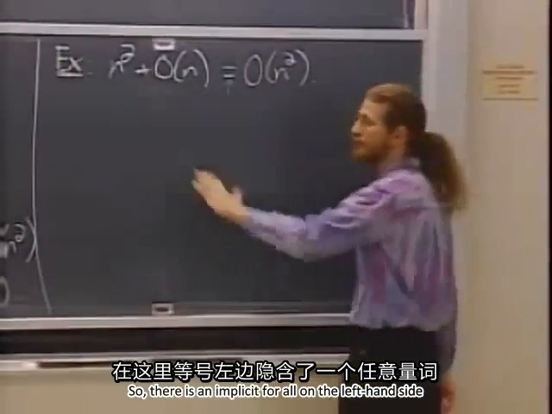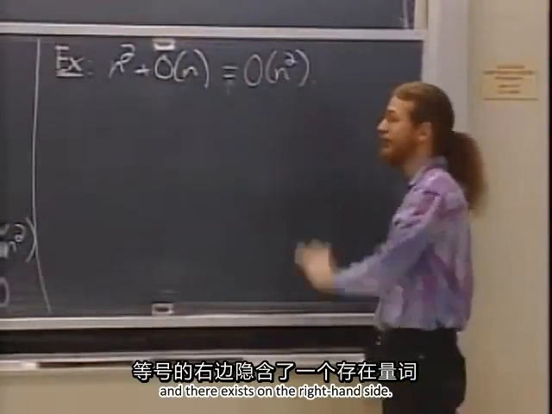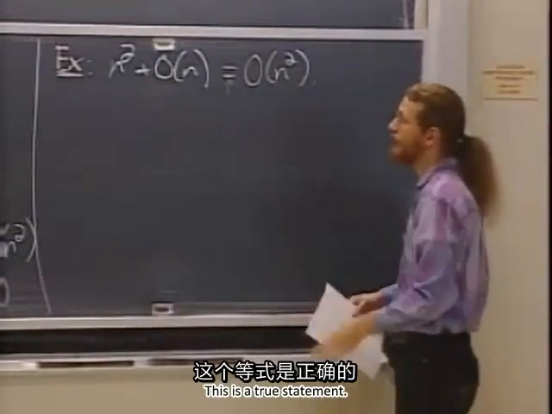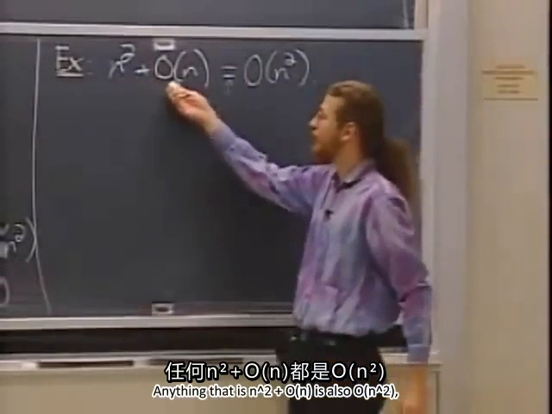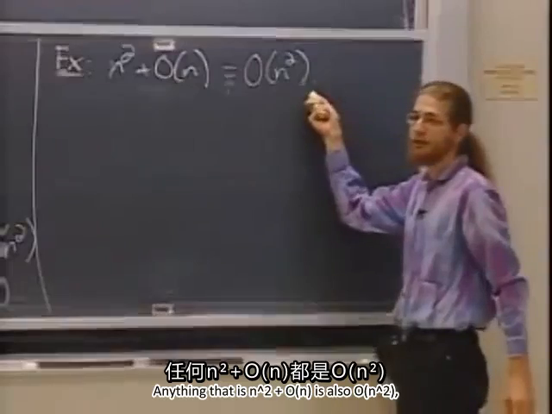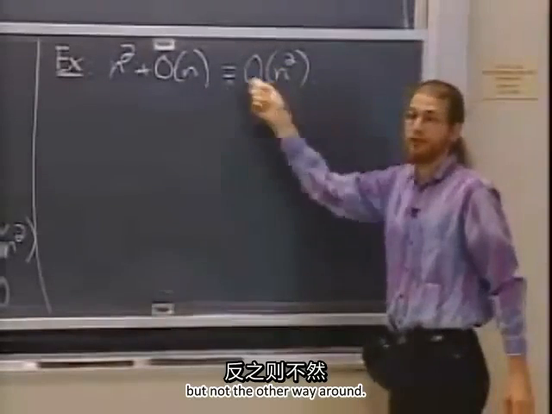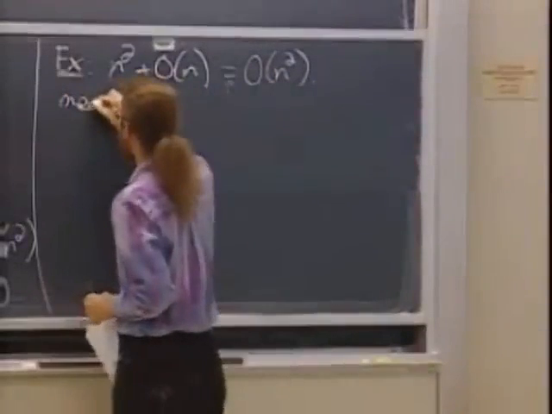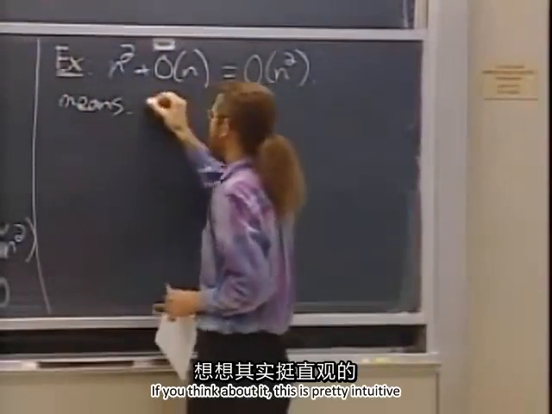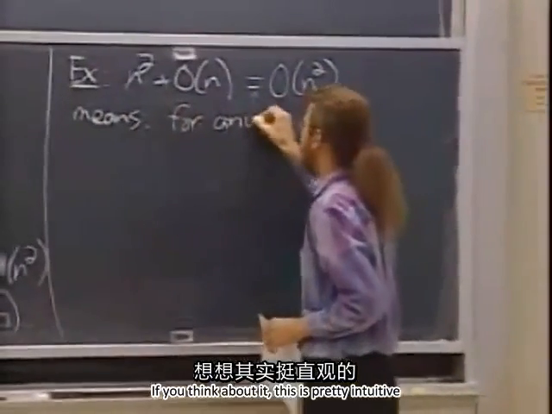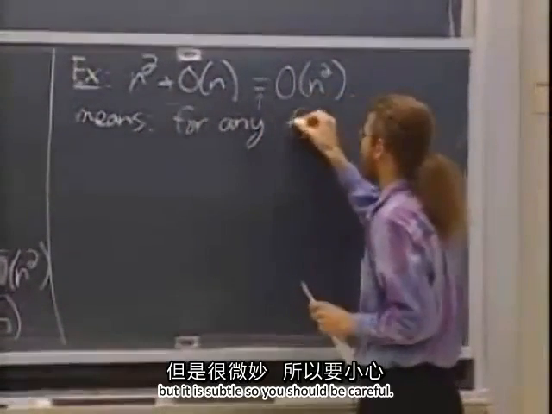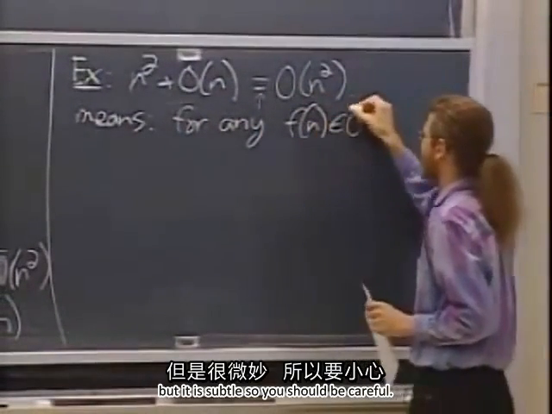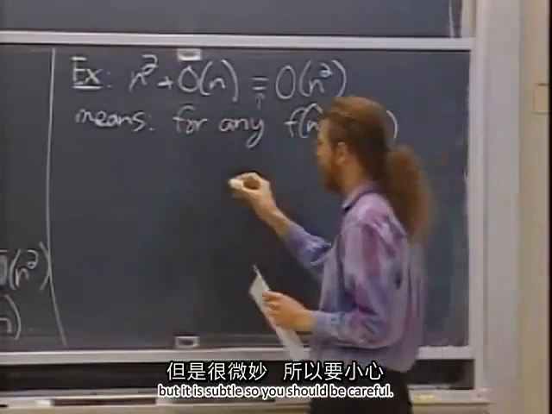So there's an implicit for all on the left-hand side, and there exists on the right-hand side. This is a true statement. Anything that is n squared plus big O of n is also big O of n squared, but not the other way around. So this is a bit asymmetric. If you think about it, this is pretty intuitive, but it's subtle, so you should be careful.